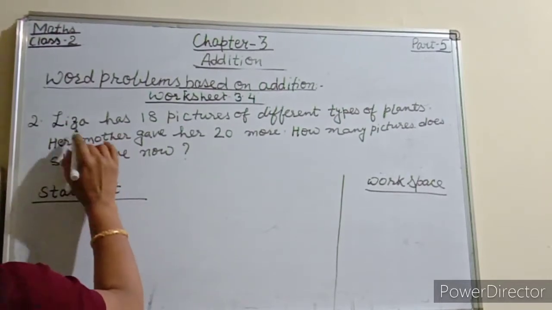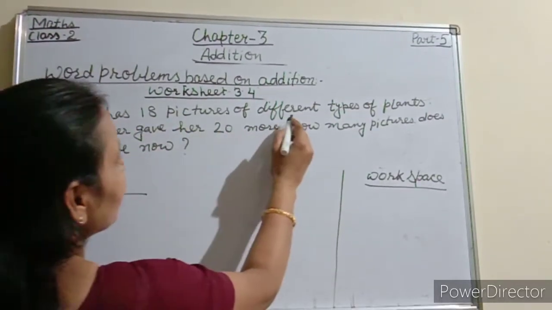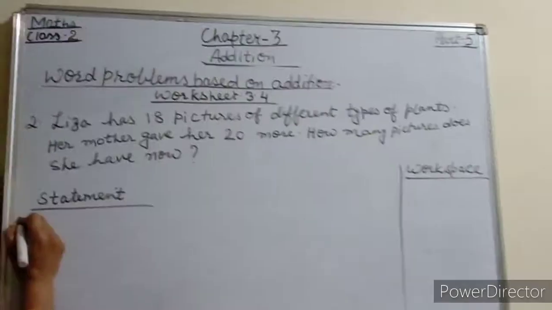So see, Lisa has 18 pictures of different types of plants.